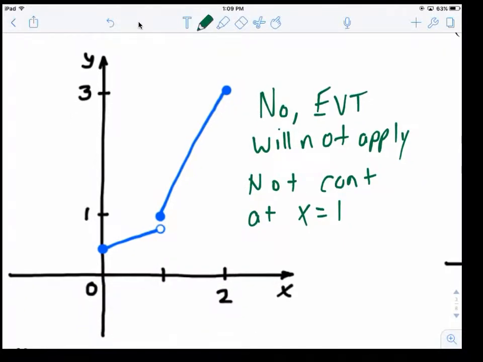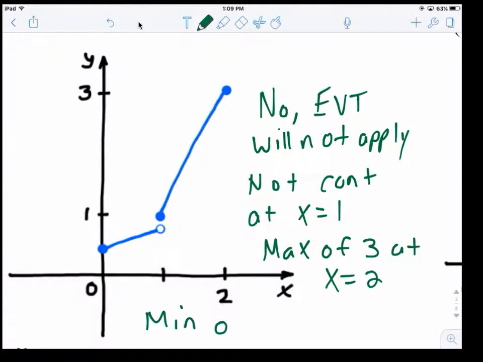Do I have a max? That would be what? Okay, good. And then you have a min of one half at x equals 0. Good.